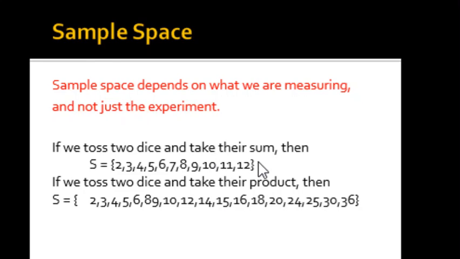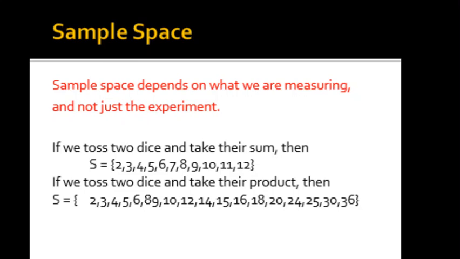Now let's say for the same experiment, we are tossing two dice, but this time we are noting the product of the two faces. These are the possible outcomes for the product of the two faces. Again, you can think of 1 times 2, 1 times 3, 1 times 4, 1 times 5, 1 times 6, and then start with 2 times 2, 2 times 3. Again, you don't repeat.